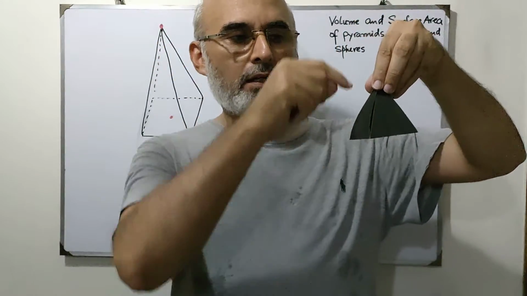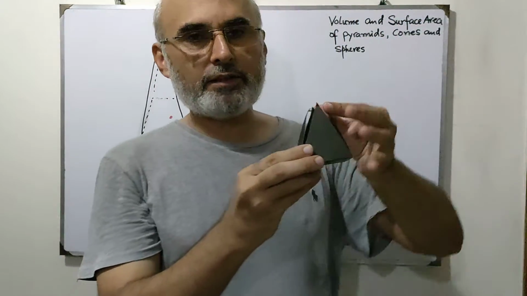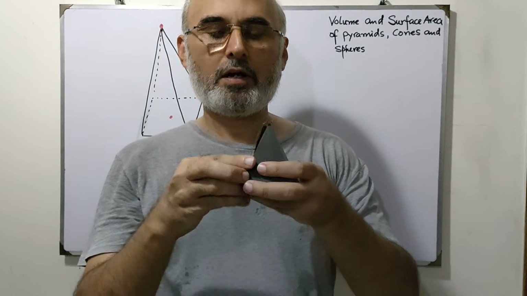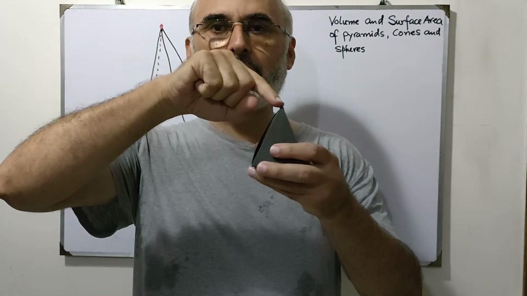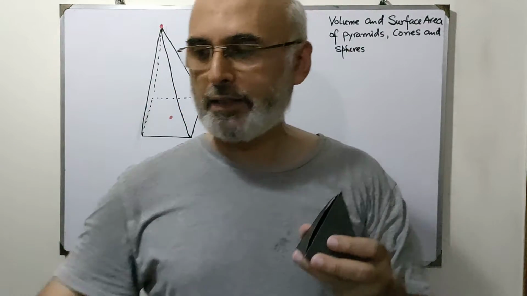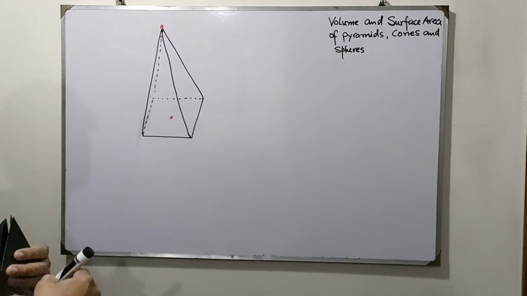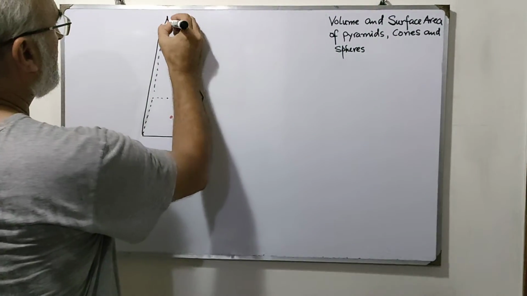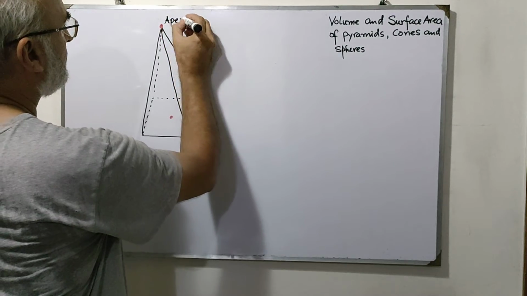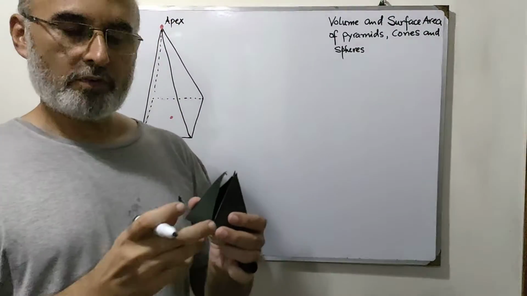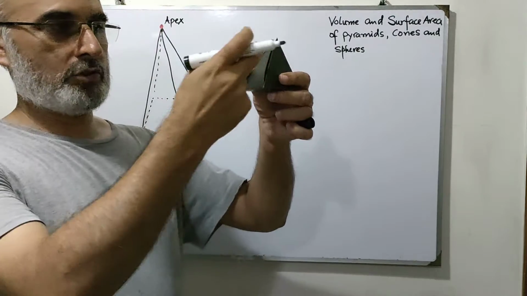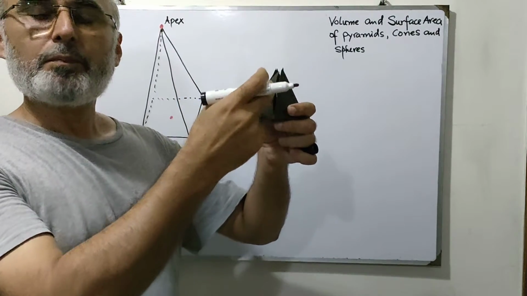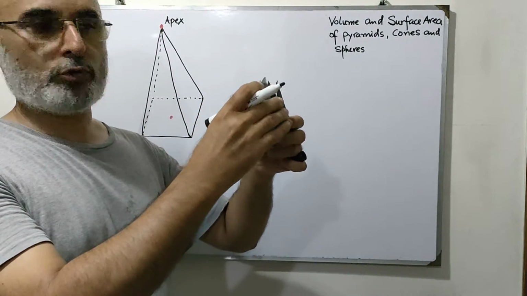Now, all the triangles are meeting at a tip, right? At this point. And this tip is known as apex, right? And then this pyramid has a height as well.